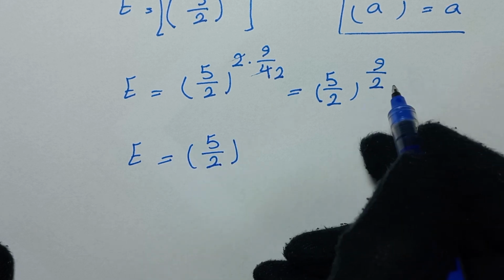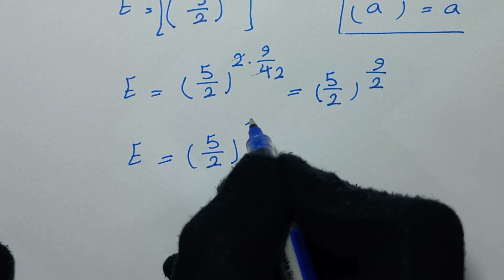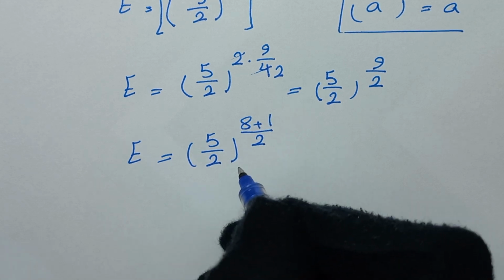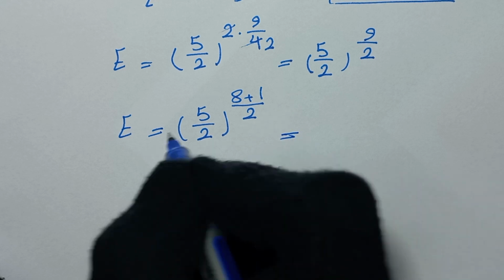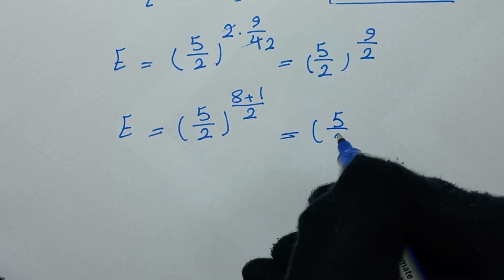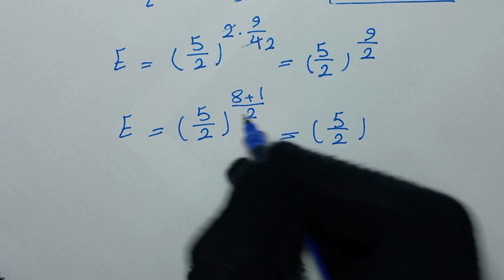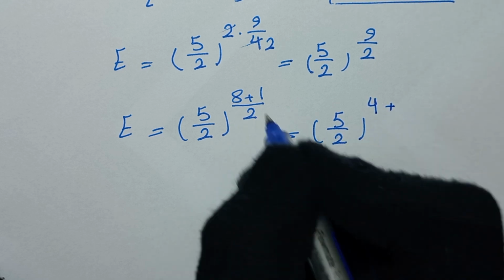In here we can write 9 as 8 plus 1, over 2, right? So, in here, we can write this as (5/2) to the power of 8/2 plus 1/2, right? 8 over 2 will be 4, and plus 1/2.